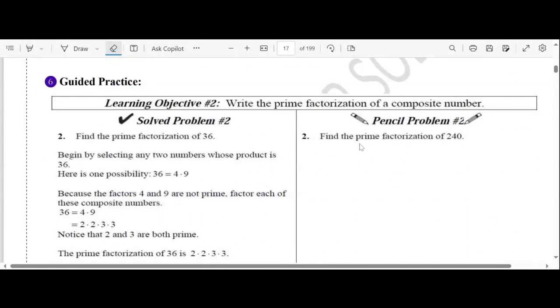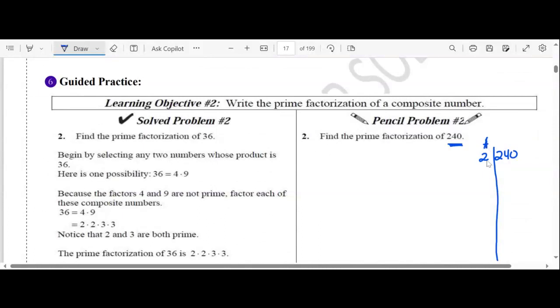Here I have find the prime factorization of what? 240. So what should I do now? 240 divide by what? I'll do a division, right? Divide by 2.